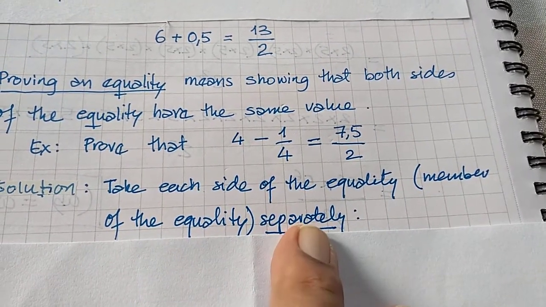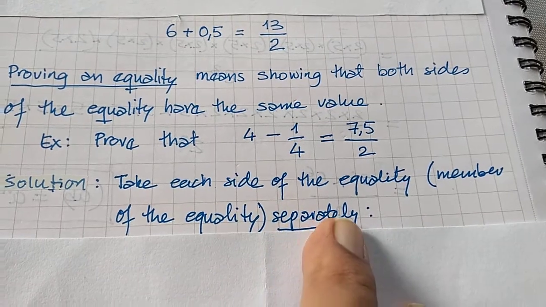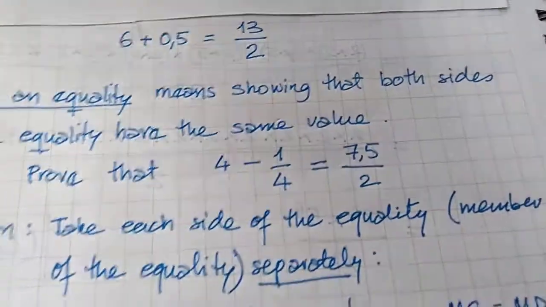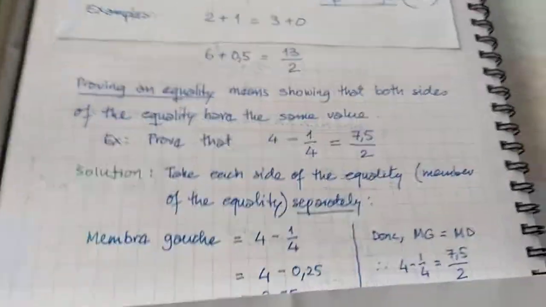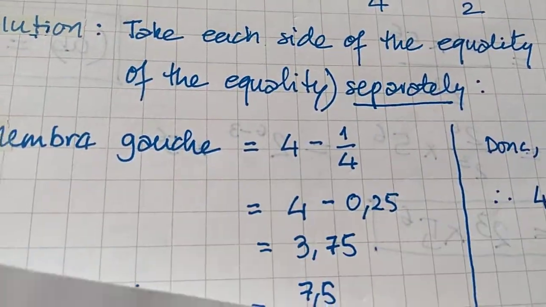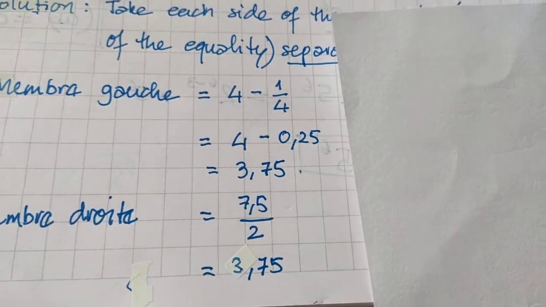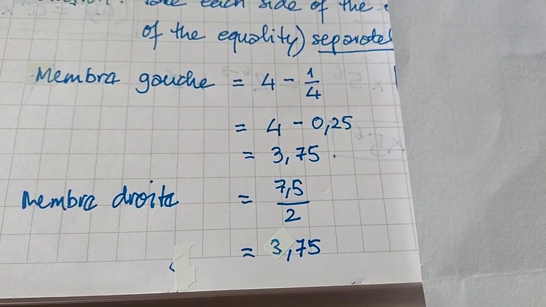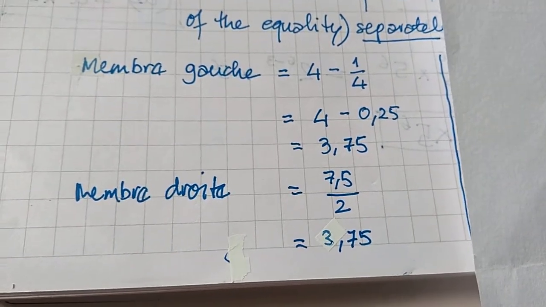I've underlined this separately, and this is very, very important. I think I've already told you this, but in the rest of the course, even when we start the new book, this is something you will have to follow. If you don't do it this way, when I ask you to prove that something is equal to something, I will mark it wrong.